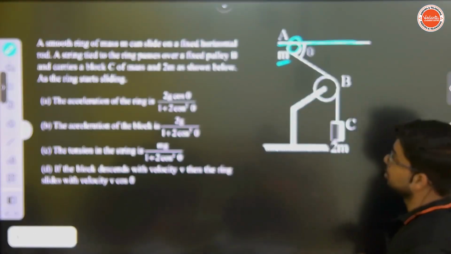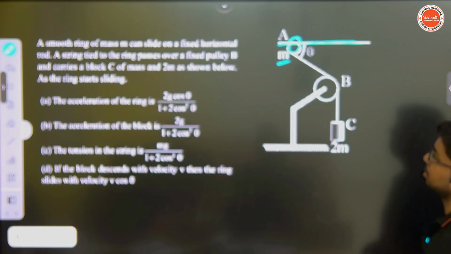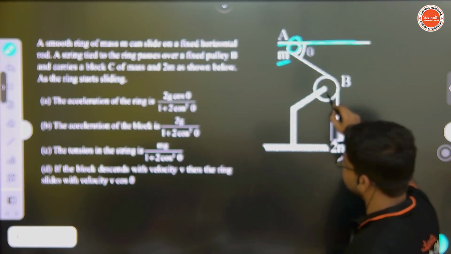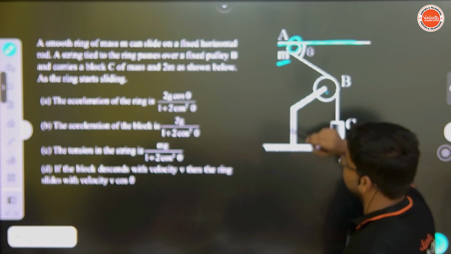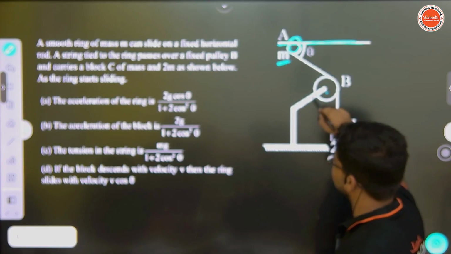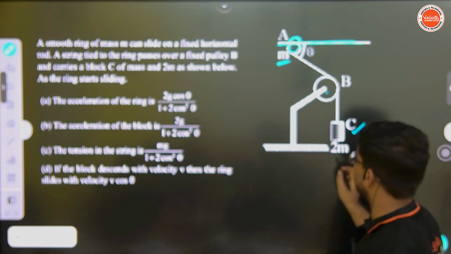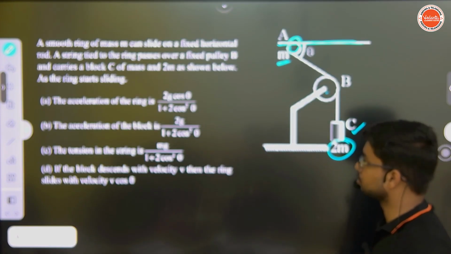Okay. Then a string tied to the ring passes through this fixed pulley B, right? And carries a block C over here of mass 2m given to you.